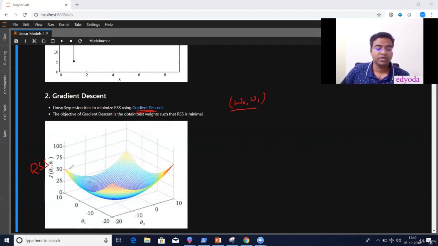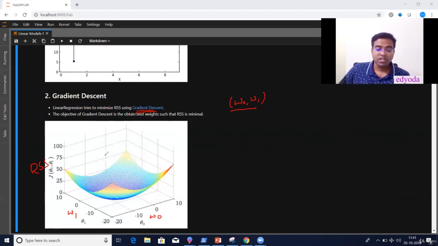Thetas are also a representation of weights. So this is the cost, or the RSS, for this pair of W0, W1, for different combinations, and this is what you're plotting.